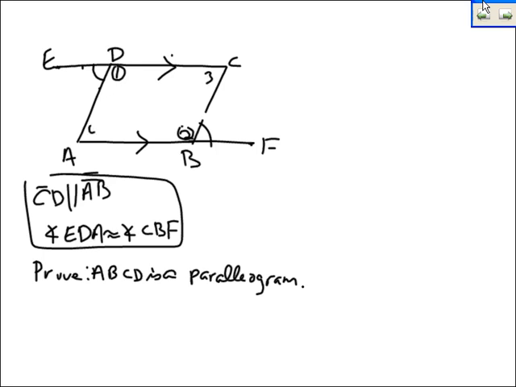I want to show that 3 and 4 are equal. And how can I do that? I want to use the fact that we have parallel lines. Remember, BC, even if I extend it, BC is a transversal line.